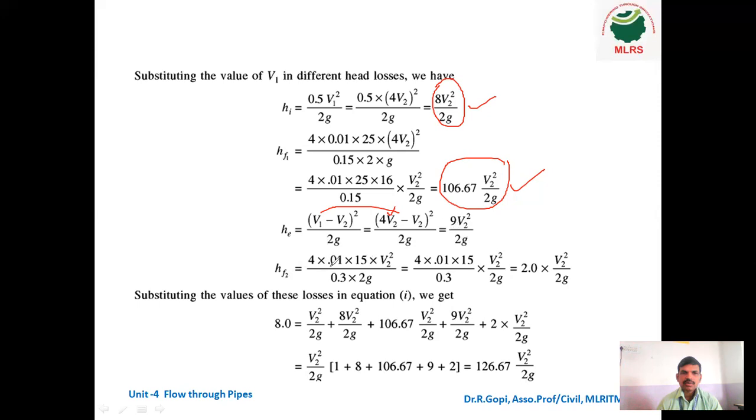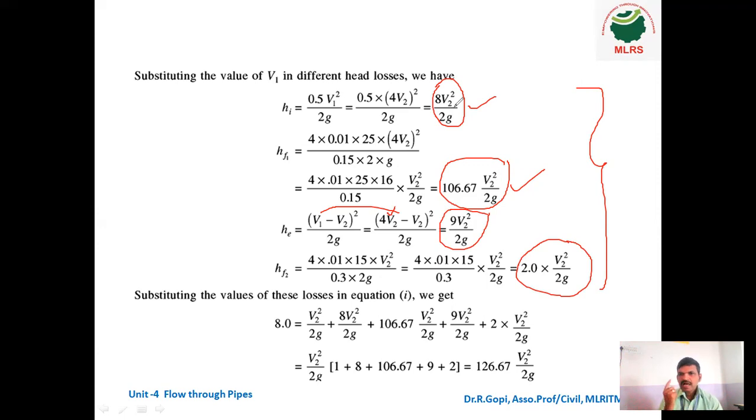So 4 into 0.01 into 15 into V2 square. V2 square we can keep as it is, divided by 2G D. What is the diameter of the second pipe? It is 0.3. Substitute all the values and we can get this. So you can see all the answers are in terms of V2 only.